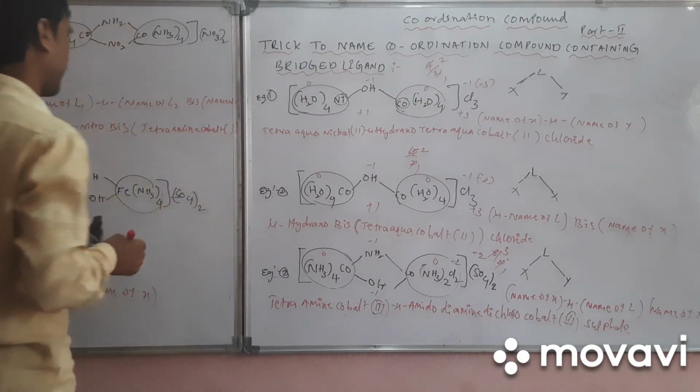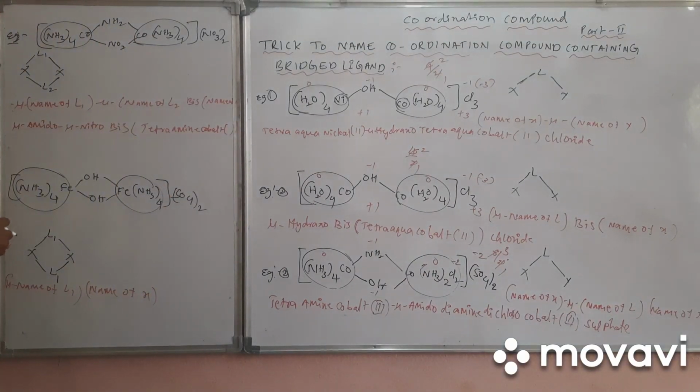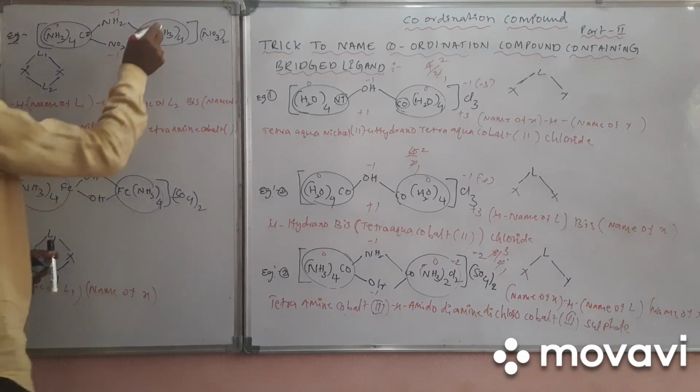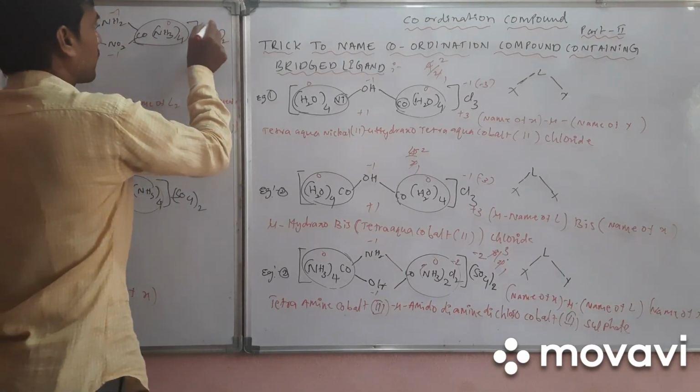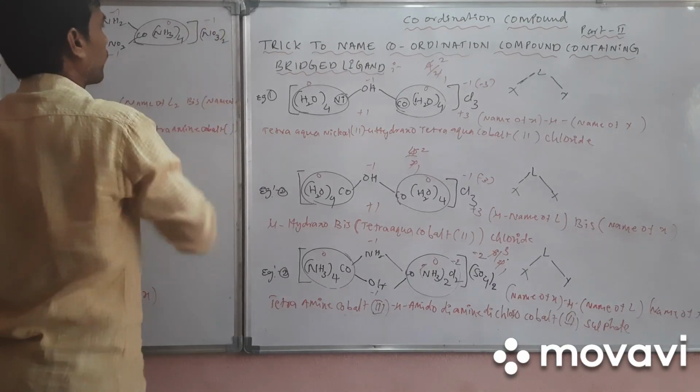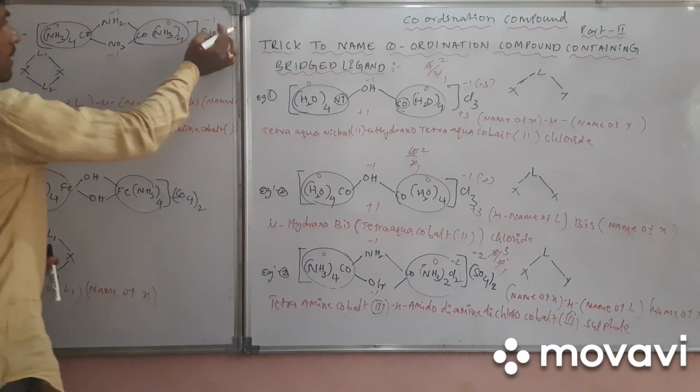Close the bracket. How to calculate the oxidation number? This is a neutral ligand. This is negative, this is also a negative ligand. This is 0. Nitrato ligand is a negative ligand. How many negative ligands are there?